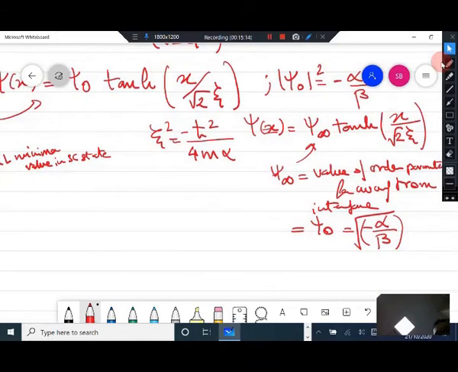And minus alpha is nothing else but a into Tc minus T for T less than Tc.